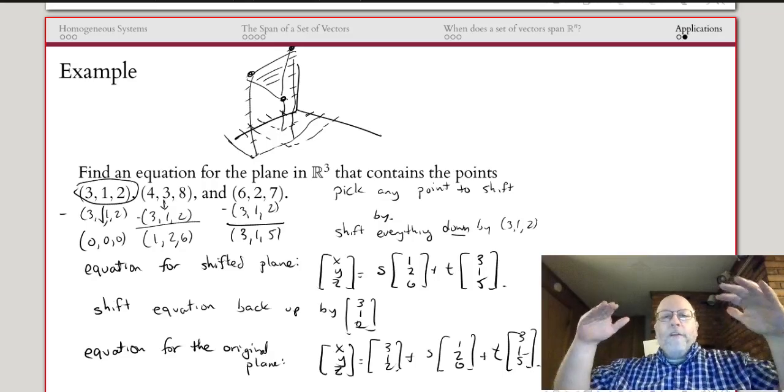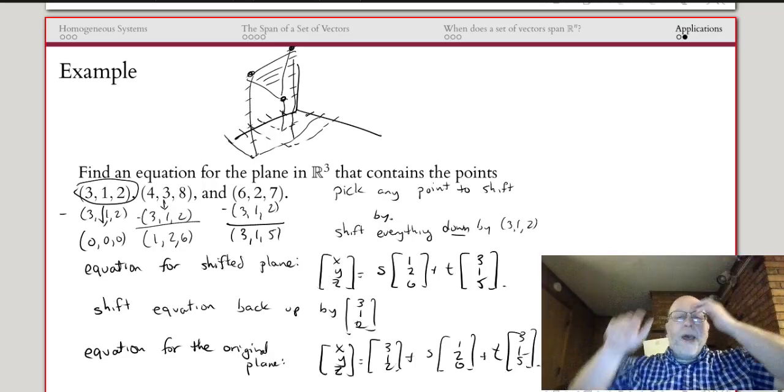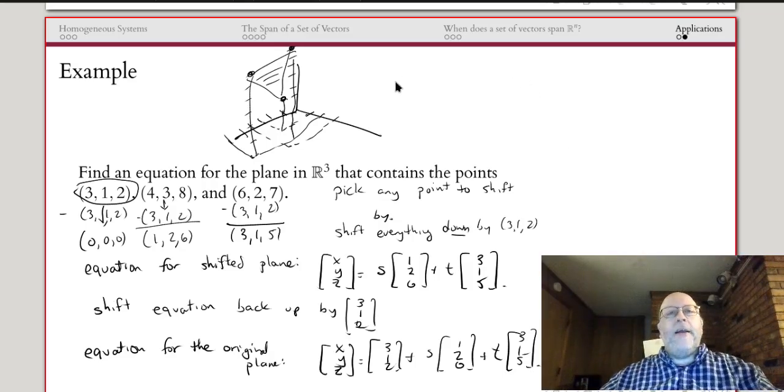We take the points, we shift them down so that the plane goes through the origin. We write the span of the two vectors that we have, and then we shift the equation back up by adding this vector onto the equation we found before.